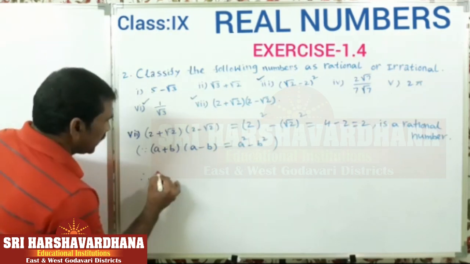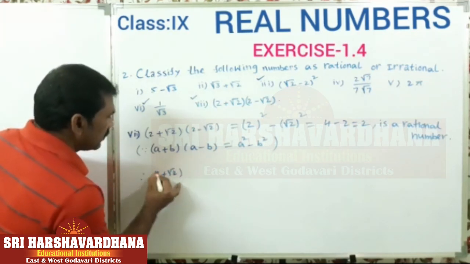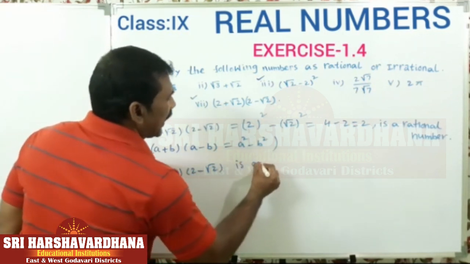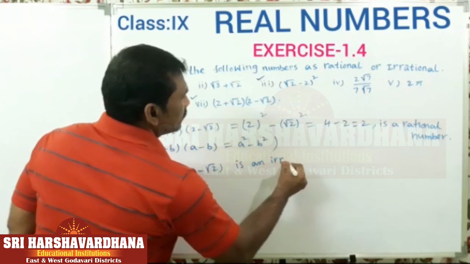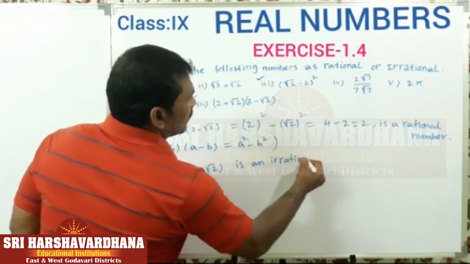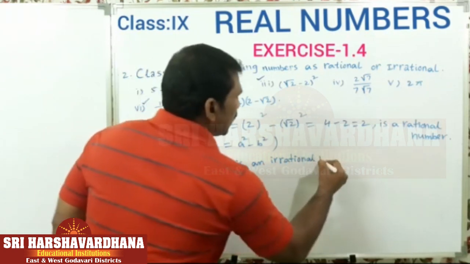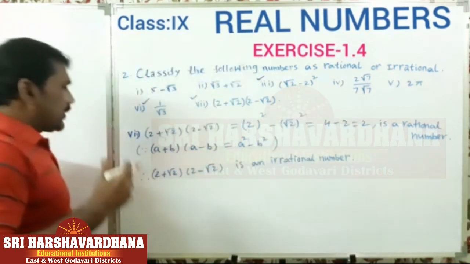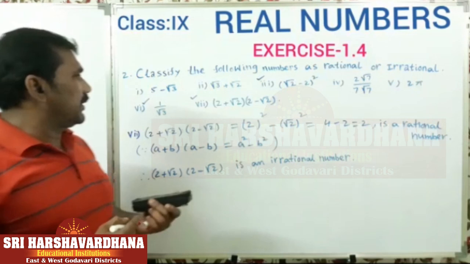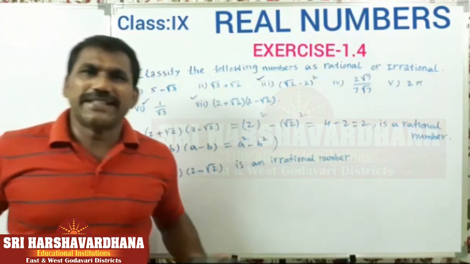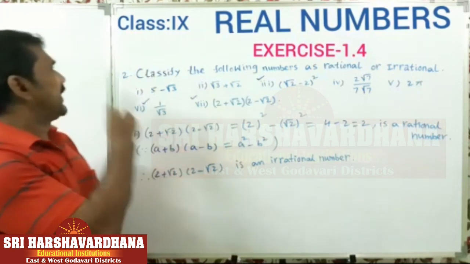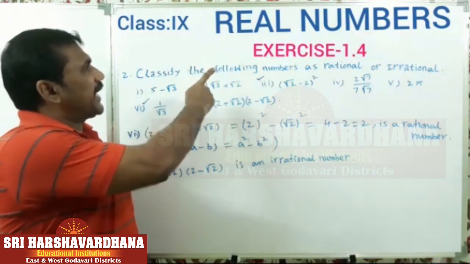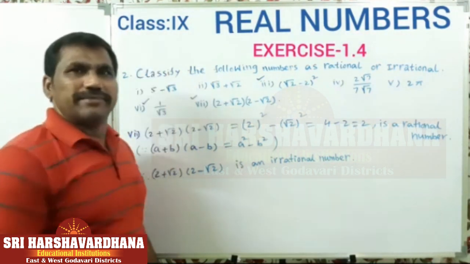So that's why 2 plus root 2 into 2 minus root 2 is a rational number. Okay, children? Like that we have to do. Write down in your notebook. After that, I will explain the third problem of exercise 1.4.